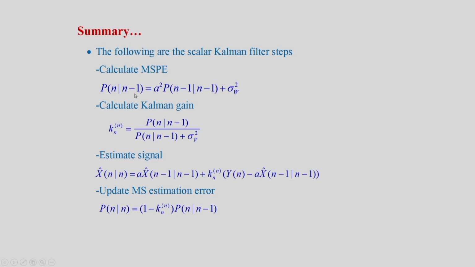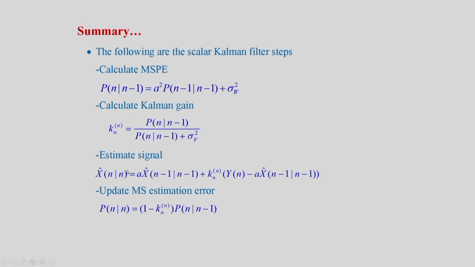So, the mean square prediction error is equal to A square times the mean square estimation error at the previous instant plus sigma w square. Then we will determine the Kalman gain on the basis of this P of n given n minus 1. The expression is K n is equal to P of n given n minus 1 divided by P of n given n minus 1 plus sigma v square.